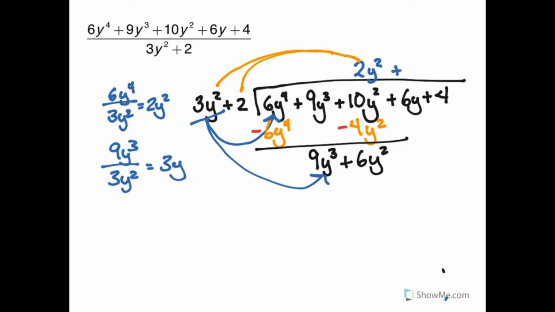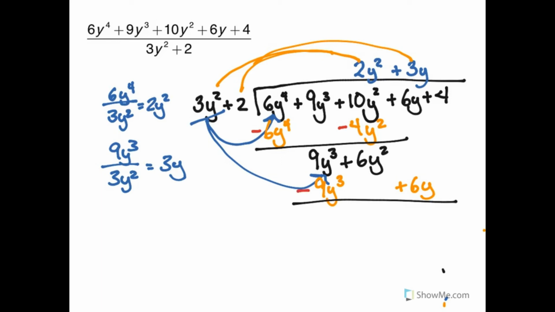So my next term goes in the y column, 3y. It's multiplied by both of the terms in the divisor, so 3y times 3y squared is 9y cubed, and 3y times 2 is plus 6y. So it needs to go under the y's, not the y squareds.